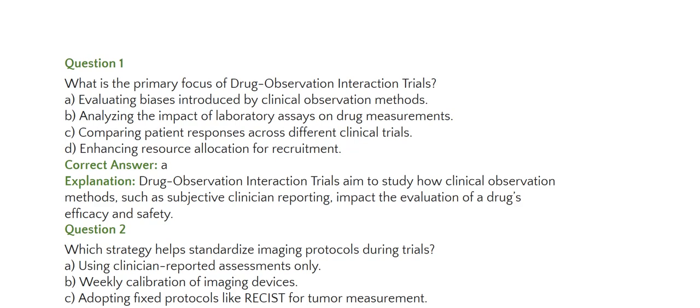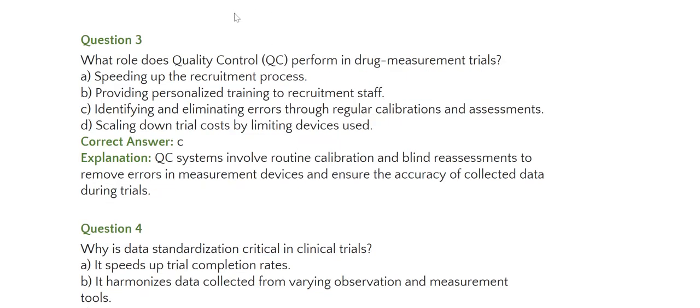Question 3. What role does quality control, QC, perform in drug measurement trials? A. Speeding up the recruitment process. B. Providing personalized training to recruitment staff. C. Identifying and eliminating errors and bias through regular calibrations and assessments. D. Scaling down trial costs by limiting devices used.